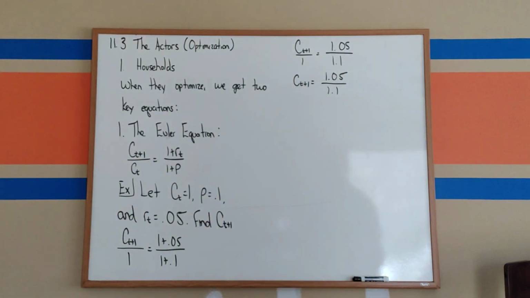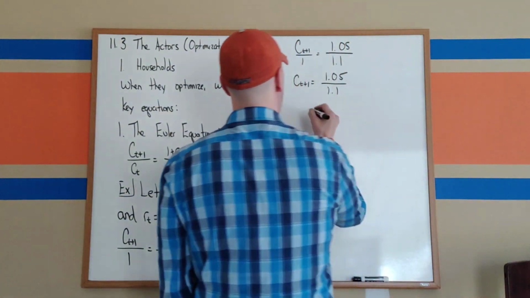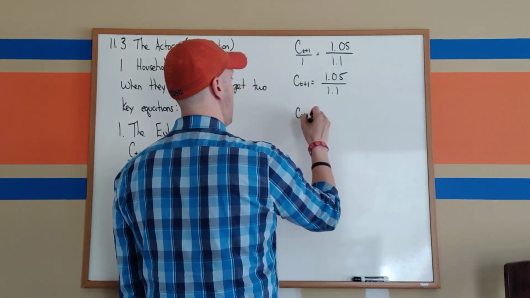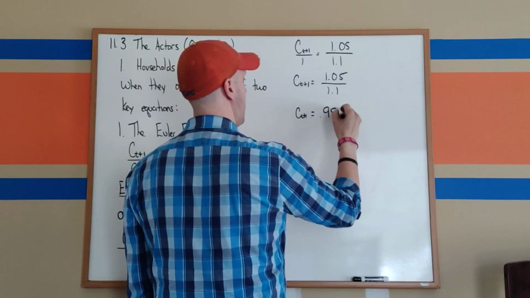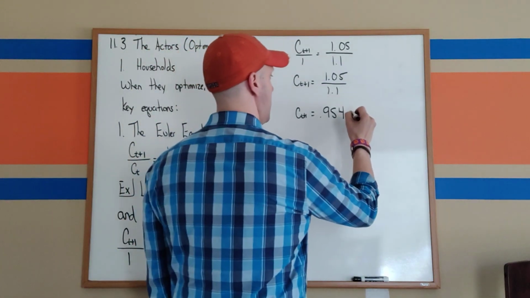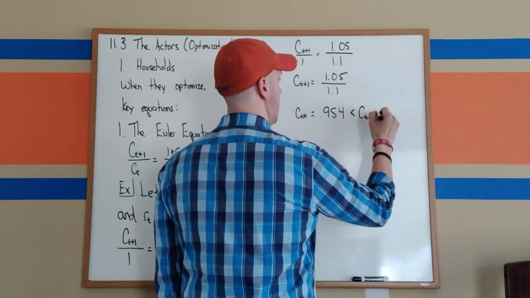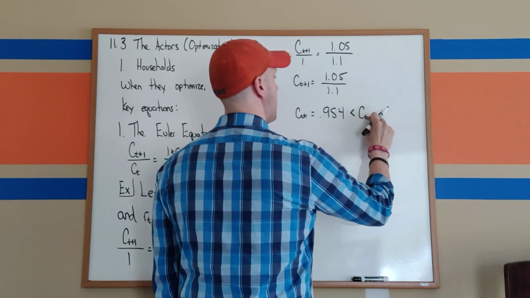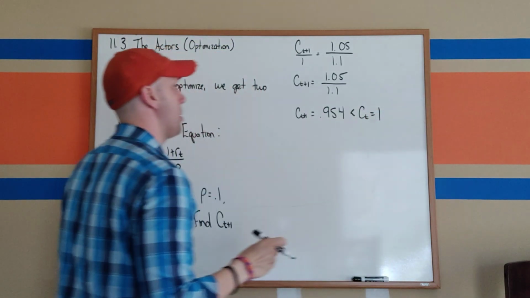What is that? Well, let me go to my trusty calculator, which you can't see. Consumption tomorrow is equal to 0.954, which is less than current consumption, which is equal to 1.